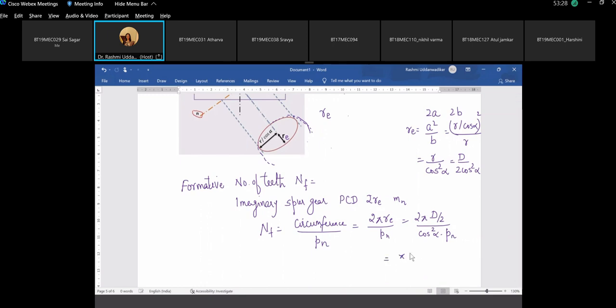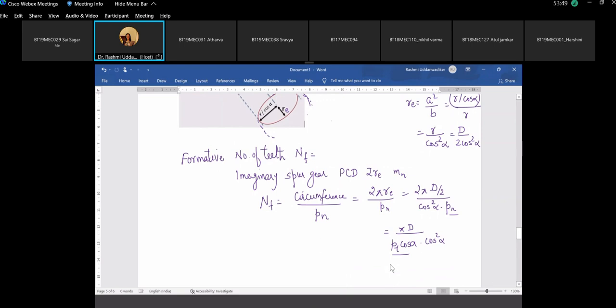This is pi d. Pn in terms of Pt we have just seen, this is Pt cos alpha into cos square alpha. Pn is written as Pt cos alpha, and this becomes pi d by Pt upon cos cube alpha.